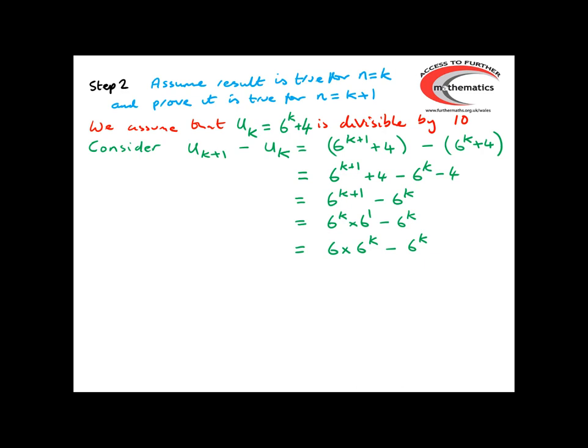So 6 lots of 6 to the k, take away 6 to the k, gives me 5 lots of 6 to the k. So, just rearranging slightly, we know that uk plus 1 take away uk is 5 lots of 6 to the k. In other words, uk plus 1 is equal to uk plus 5 times 6 to the k.